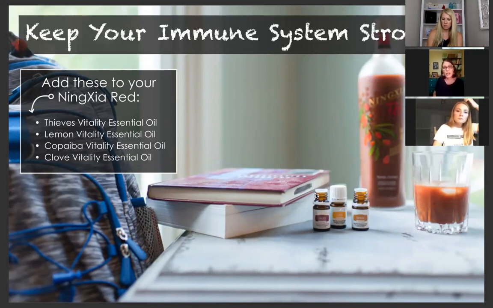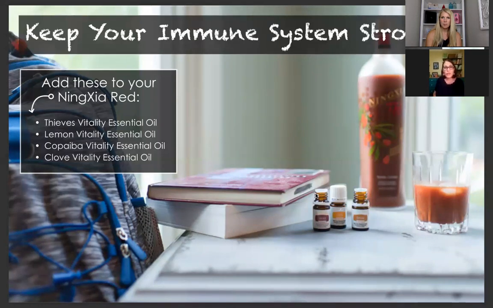The next oil that you can put a drop into your Ningxia Red every morning is Copaiba Vitality. Copaiba Vitality has a naturally occurring beta-caryophyllene and alpha humulene, both of which support the body's natural response to injury or irritation.